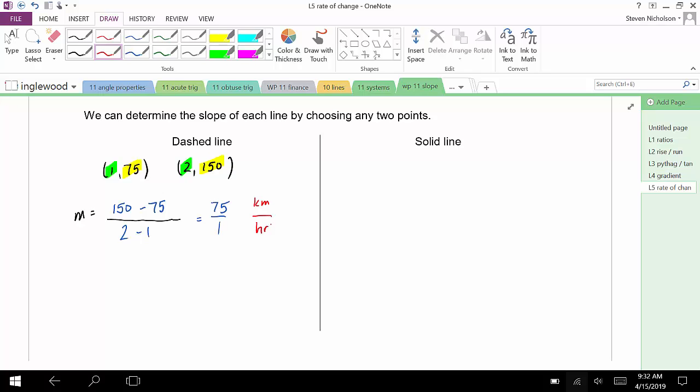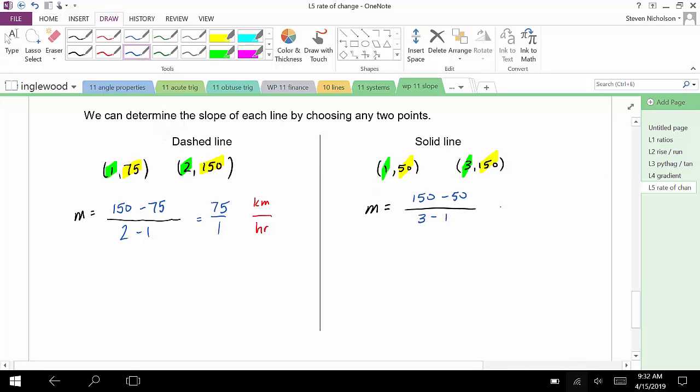rate of change. And if we do the same thing with the solid line, again, I'm just going to pick 1 comma 50 and 3 comma 150, and those are 2 points on the line. If we figure out the slope of this, we're going to have our y2, y1. We're going to have 150 minus 50, and we're going to have our x2, and there's our x1.